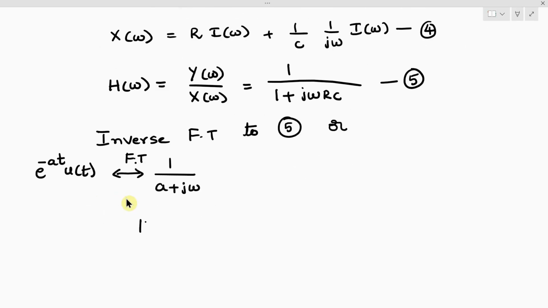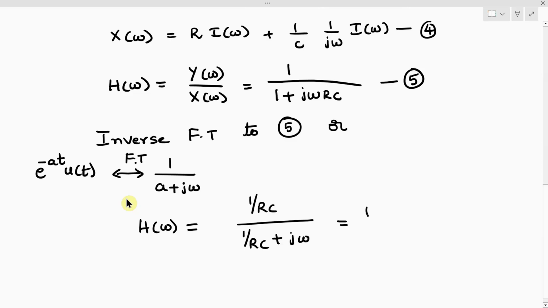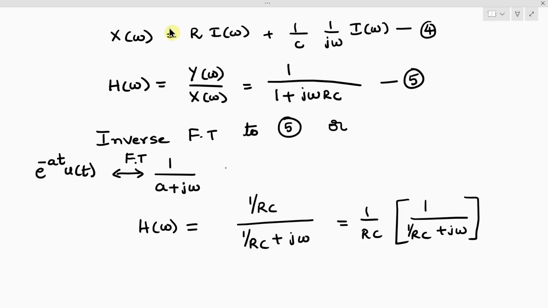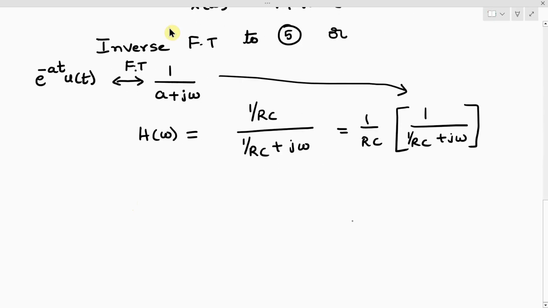Before that, I'll write h of omega in a proper form by dividing numerator and denominator by rc. So 1 by rc by 1 by rc plus j omega. This I am writing as 1 by rc times 1 by (1 by rc plus j omega). So now this is very similar to 1 by a plus j omega.